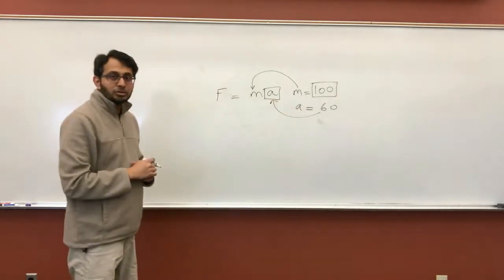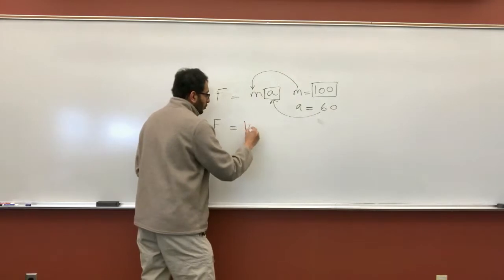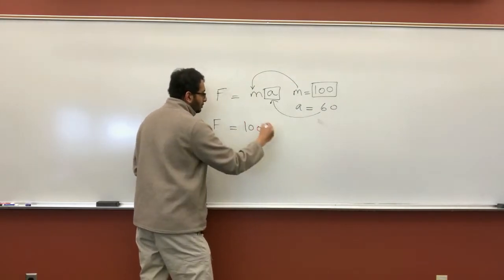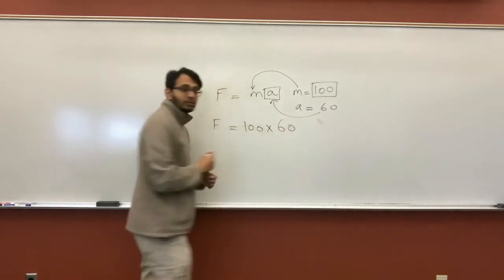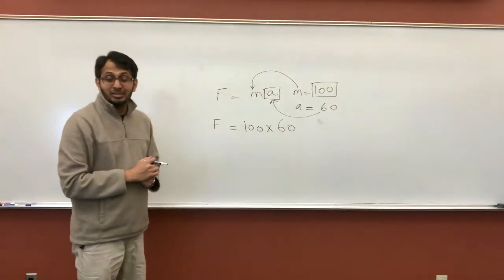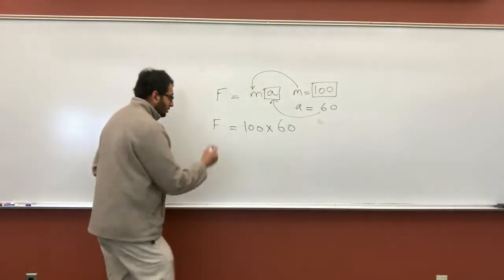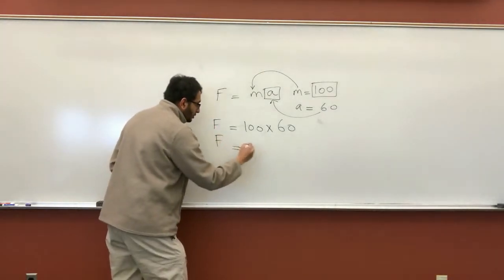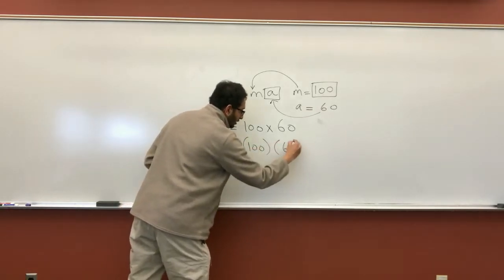Now after the substitution process, I can write my numbers like this. 100 goes in place of m times 60 goes in place of a. That's one way of writing it. Some people may write out the same equation like this. Force equals 100 times 60.